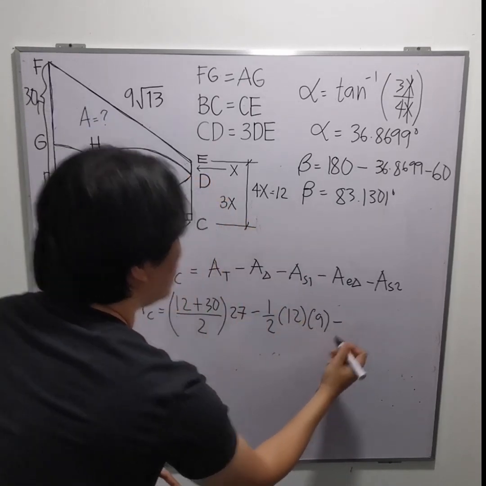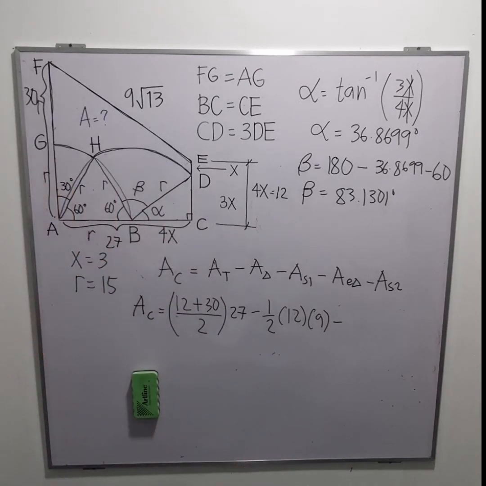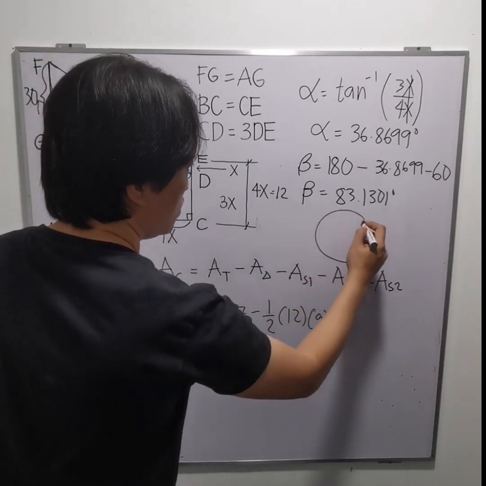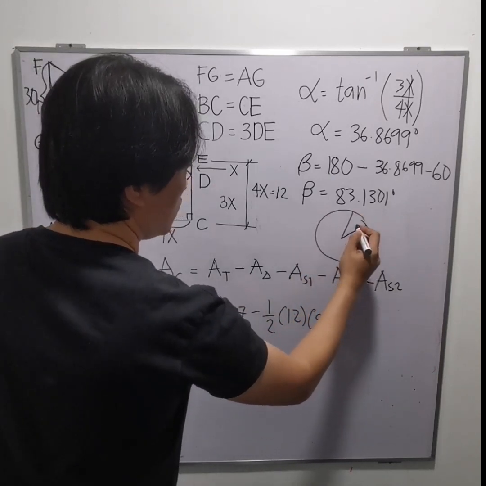Minus the area of the sector. There is really no need to memorize the formula for the area of a sector, because it is just, say for example, a pizza. I have a slice, and this is your angle.